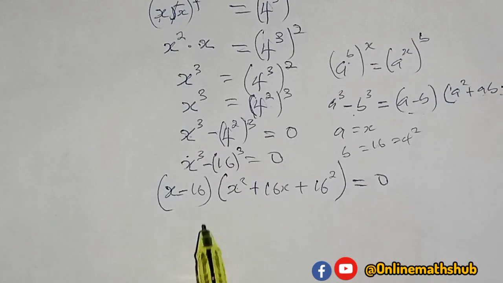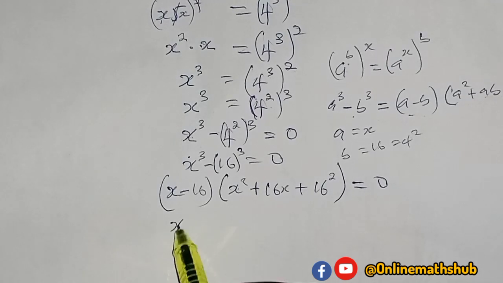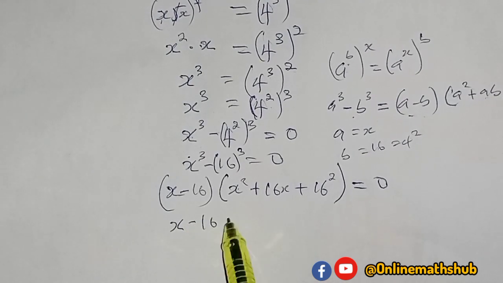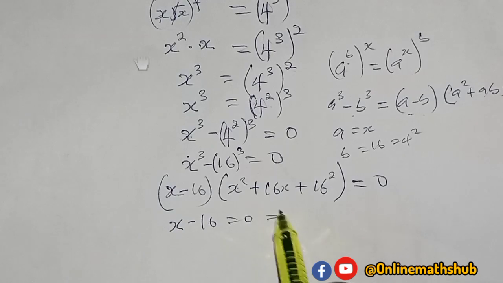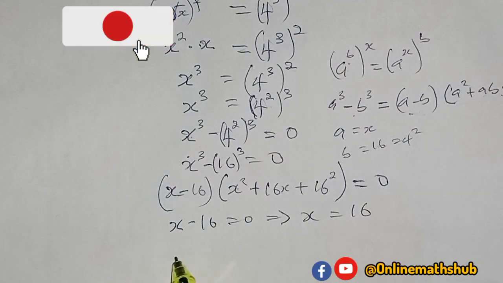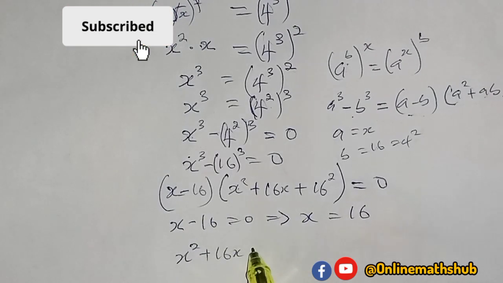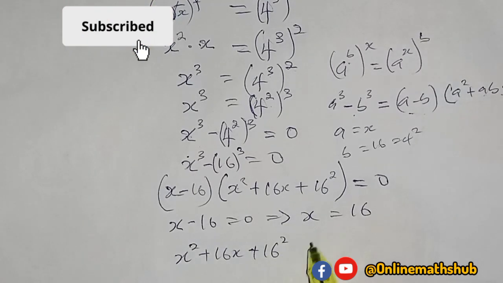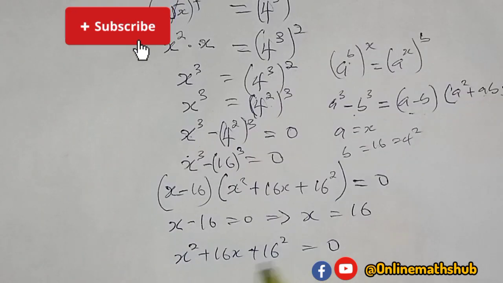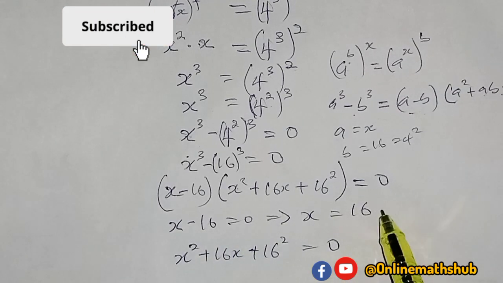So from here, using the zero product rule, I have that x minus 16 is equal to 0, and of course from here my x is equal to 16. And then the second one, this bracket x squared plus 16x plus 16 squared, is also equal to 0. So at this point I've gotten my x to be equal to 16.